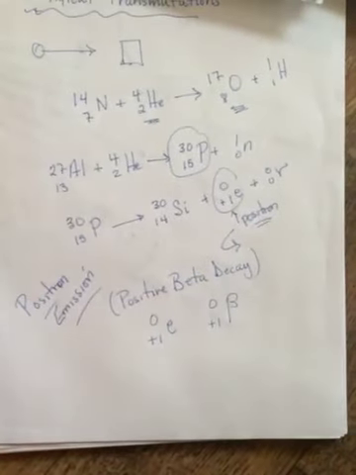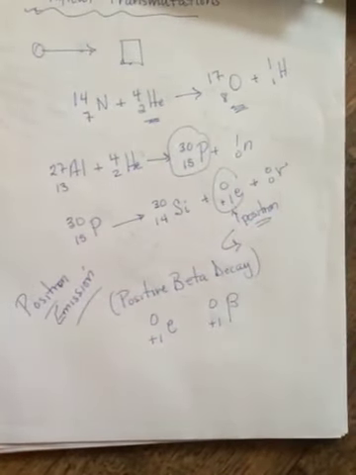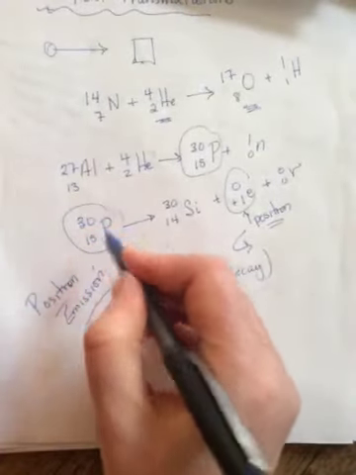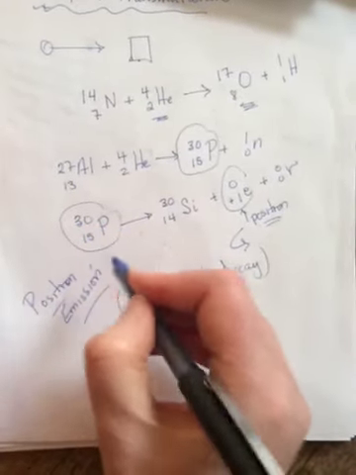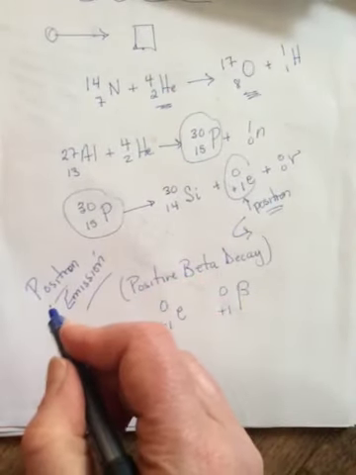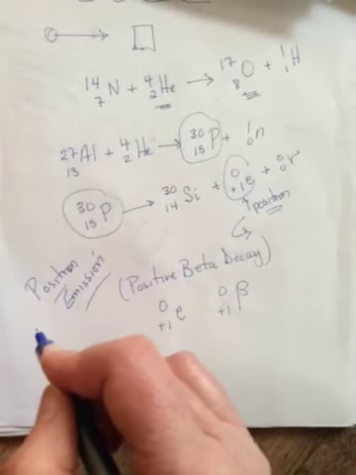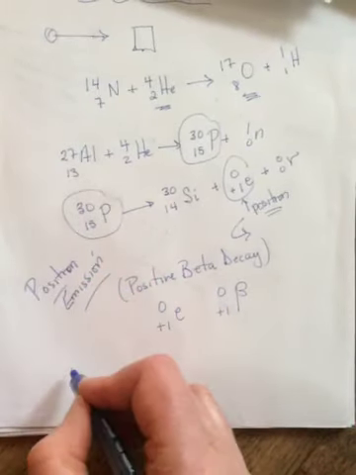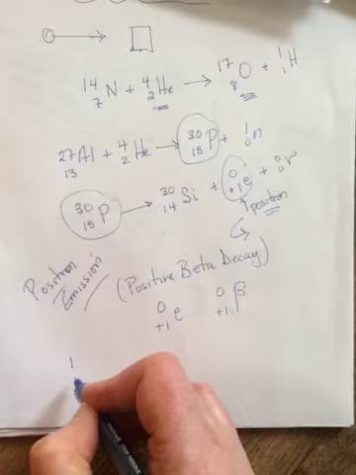Okay? Now, what's actually happening is, and this happens when there's a nucleus that has too many protons for the number of neutrons. Remember, beta decay happens when there's too many neutrons for the number of protons. But this time it's too many protons for the number of neutrons.